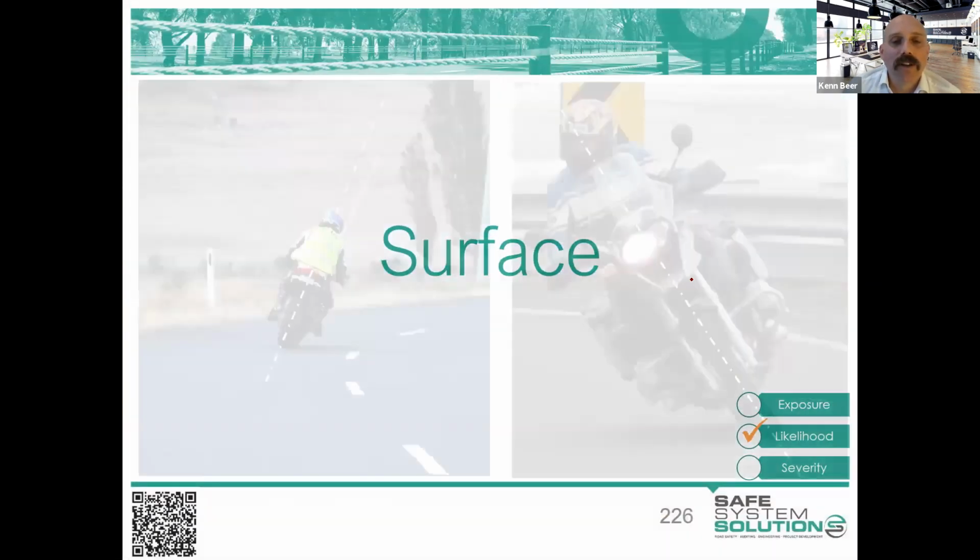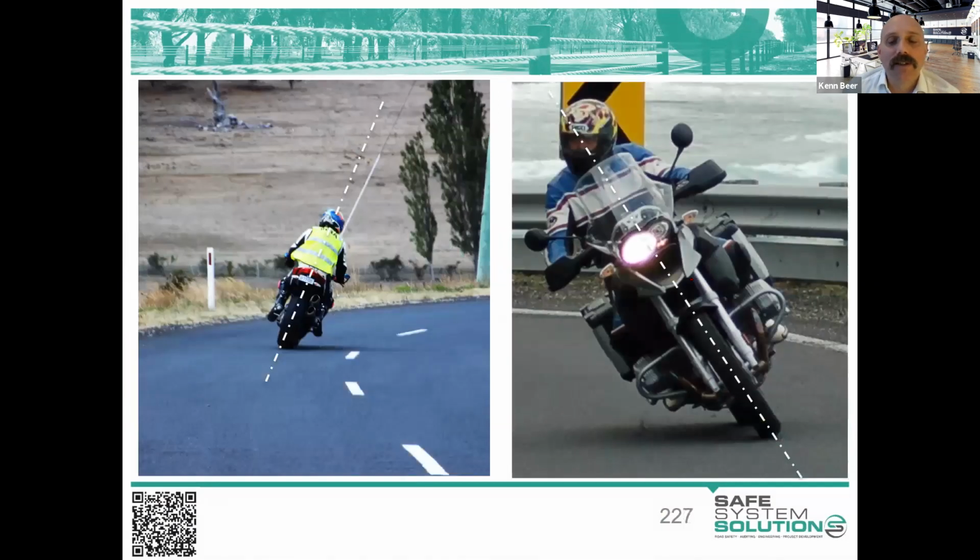The surface. Surface is far more important for motorcyclists than any other road user. Cyclists, it's up there as well, but motorcyclists, just with the speed that can be travelled, it becomes even more important. We know motorcyclists lean as they go around a curve, and we know there's 2 small contact patches on the surface.